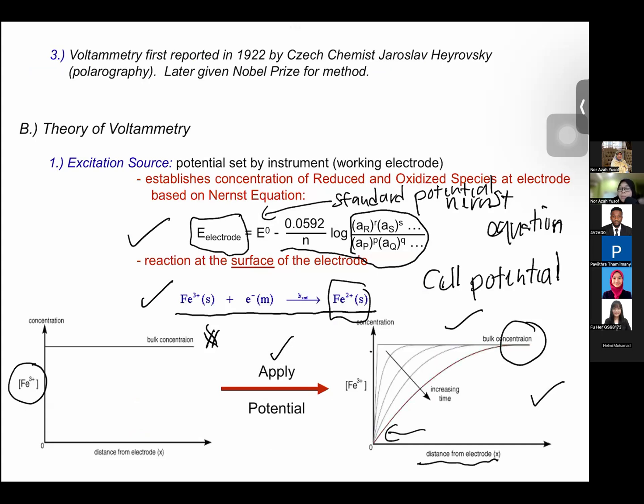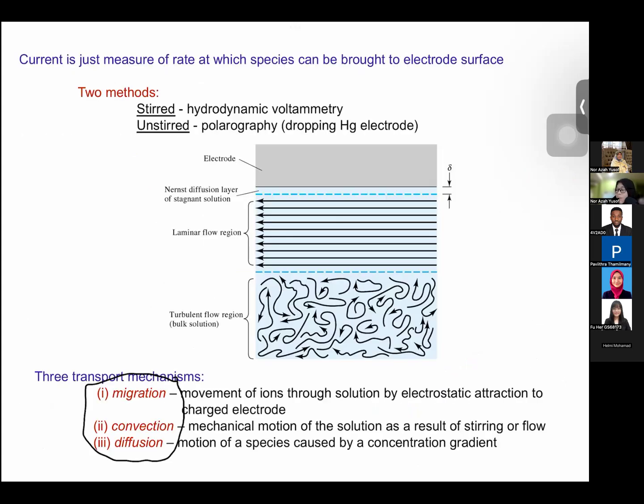The concentration farther from the electrode is higher compared to near the electrode. So when there is a concentration gradient, that also triggers movement of ions. So these are the three transport mechanisms of ions.